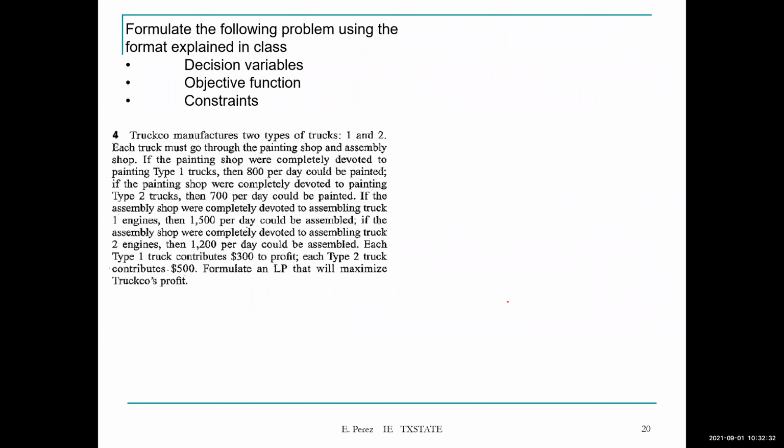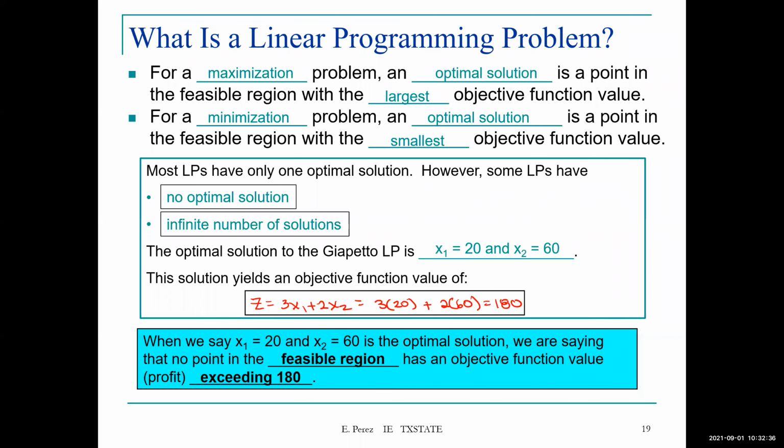So, what was 180? 180 is the profit. This is in dollars, because the objective function is defined in terms of dollars. So you end up producing 20 soldiers and 60 trains, and this is the profit.